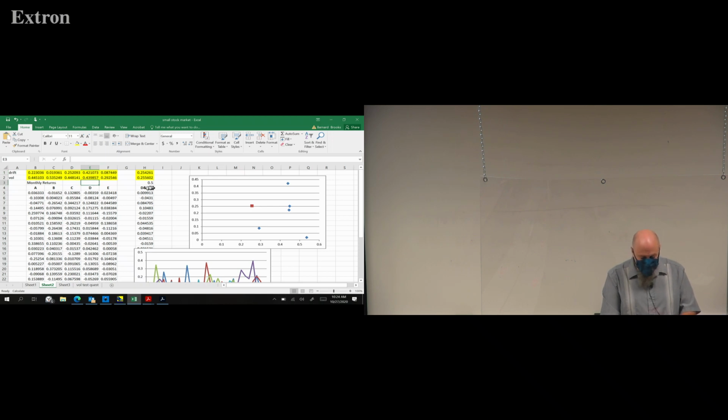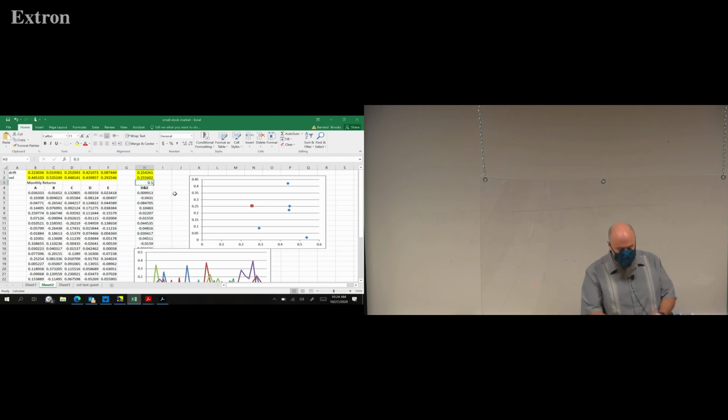So here's a combination, this is the weighting. If I take 50% of D and 50% of E, then here's my returns. It's just 50%. So the returns are 50% of return D and 50% of return E.